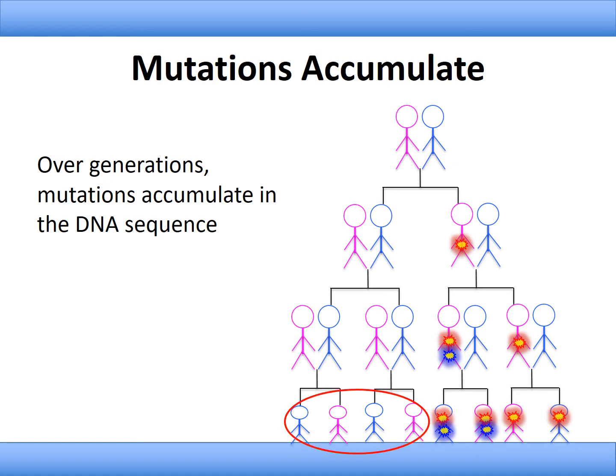Let's see. You'd have these 4 together because they lack both the red and the blue mutation. Then you'd lump these 2 together because they have only the red mutation. And you'd lump these together because they have both mutations. And you'd say that the 4 in the big circle are closely related to one another, and the ones within each little circle, well, they're more closely related within the circle.